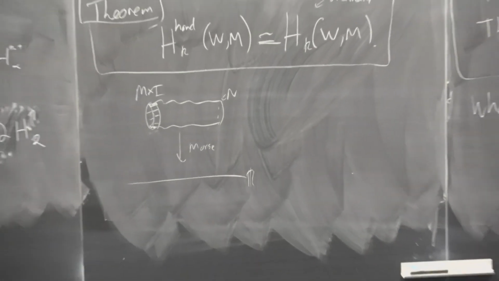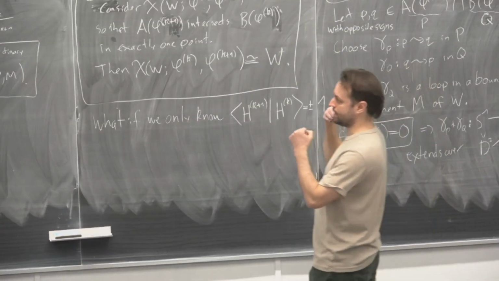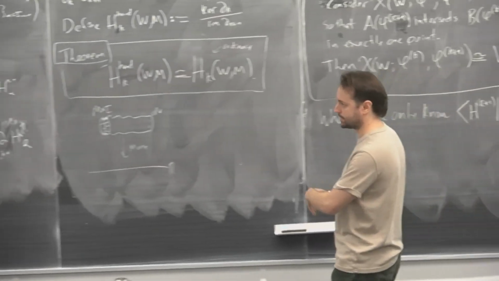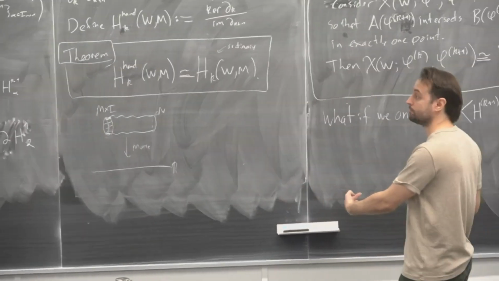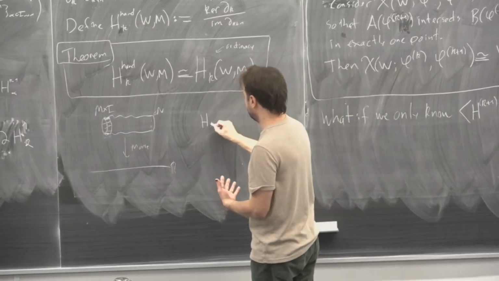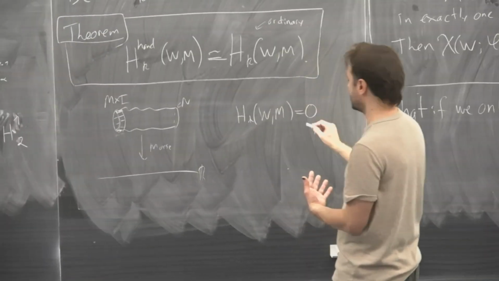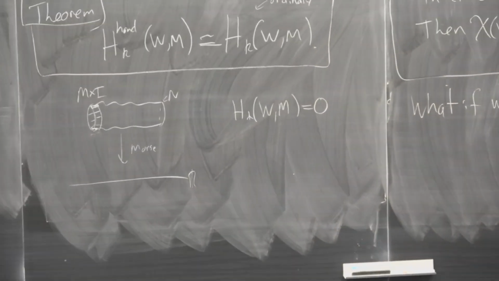Okay? So that's fine, we have a handle decomposition. The assumption that M and W are simply connected and that this is a homotopy equivalence amounts to the fact that the homology of the cobordism relative to M vanishes.